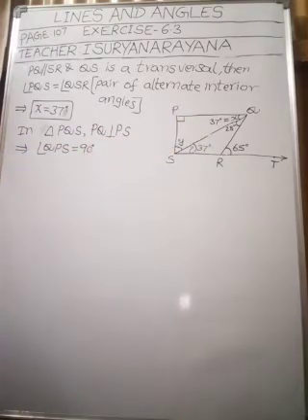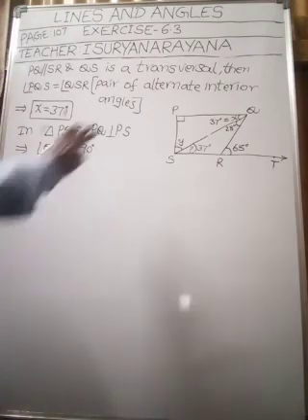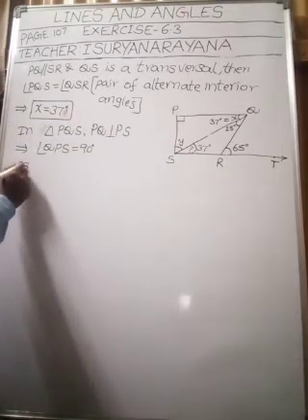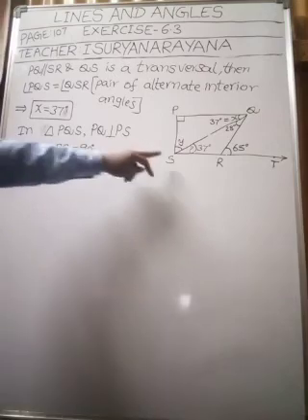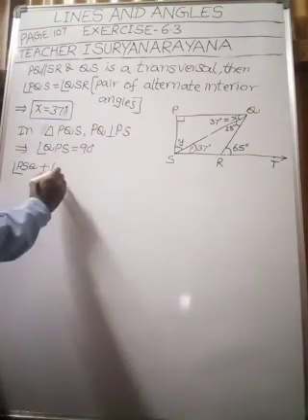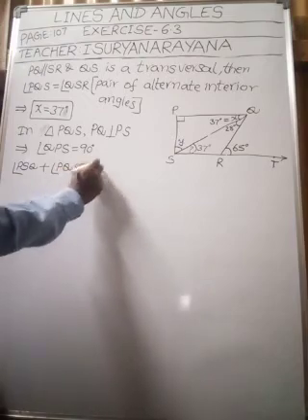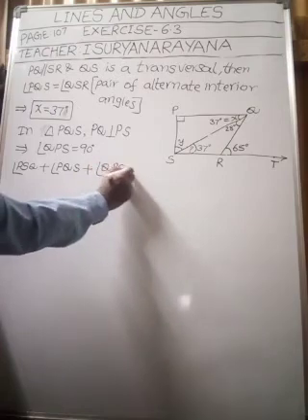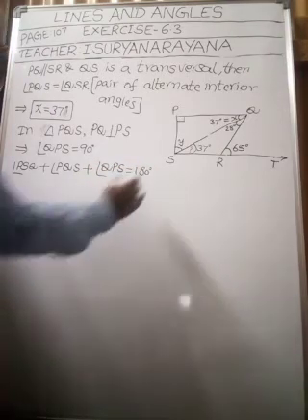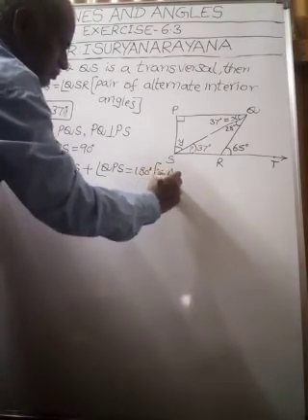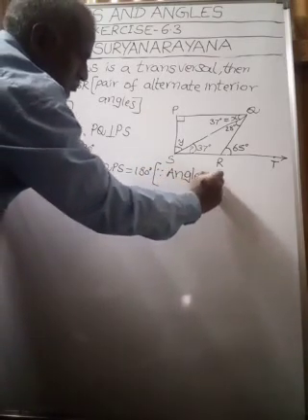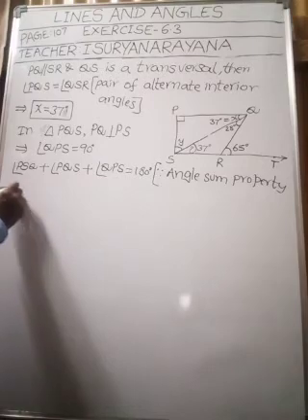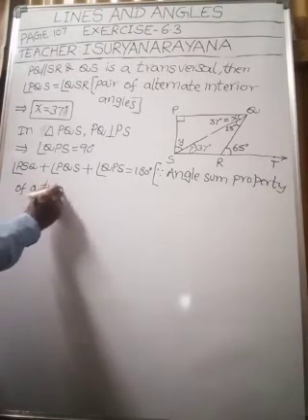Yes. So in triangle QPS, angle PSQ plus angle PQS plus angle QPS is equal to 180 degrees, because of the angle sum property of a triangle.